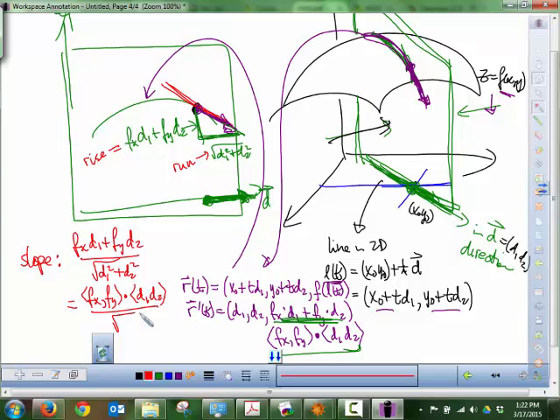And then we have this denominator that looks kind of peculiar. What's the denominator equal to?